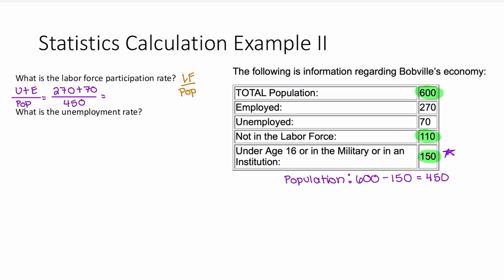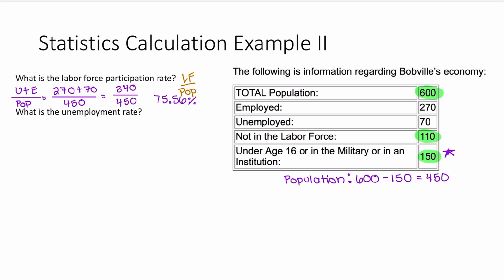And 270 plus 70 gives us 340 over 450, which gives us 75.56% as our labor force participation rate.